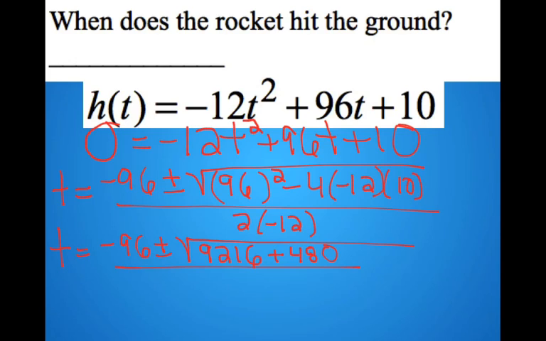All of that's divided by negative 24. So let's see how it's looking here. We have negative 96 plus and minus the square root of 480 plus 9216, so that's the square root of 9696.